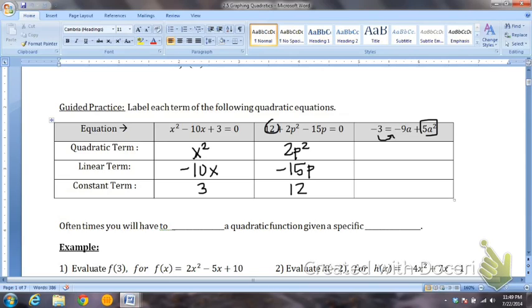So really my equation would be 0 equals 3 minus 9a plus 5a squared. So our quadratic term here would be 5a squared. The linear term would be negative 9a, don't forget the negative, and then the constant is 3.